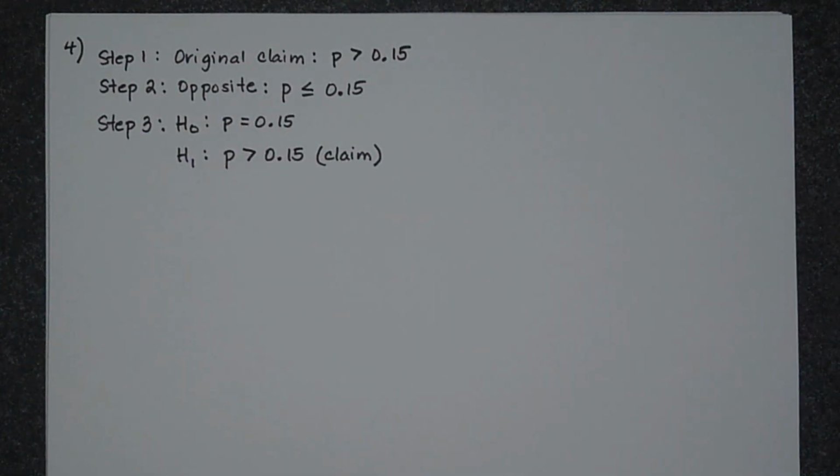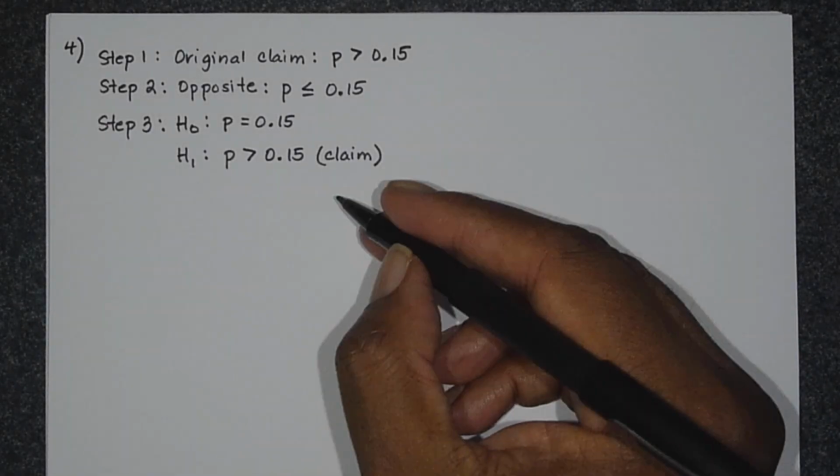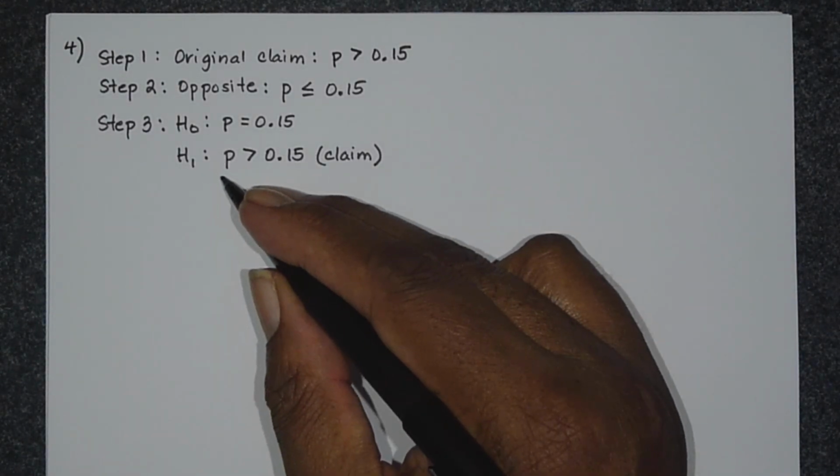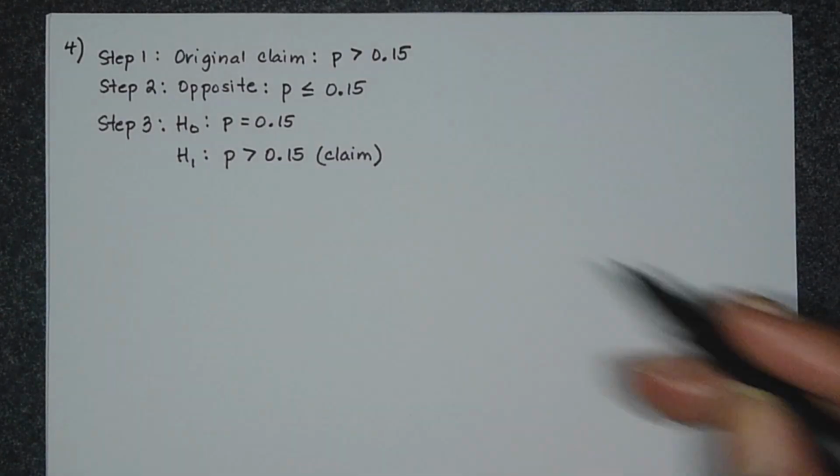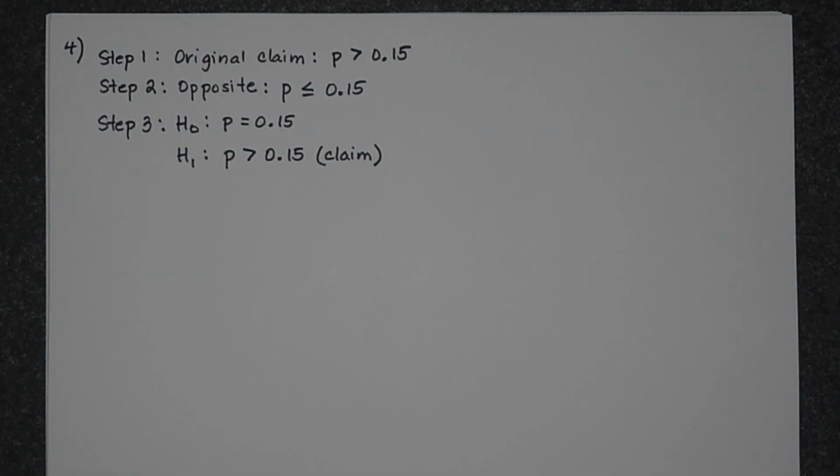The null always has the equal to regardless. The alternative hypothesis has either less than, greater than, or not equal to. So it's not going to be greater than or equal to, because you can't have that in the alternative.